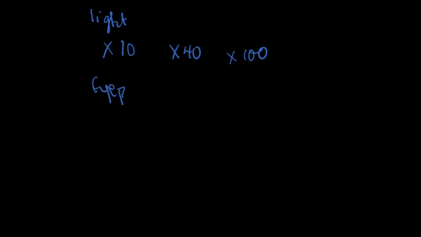Now, why exactly is the electron microscope so important? When we consider the light microscope, we saw that we have the objective lens of times 10 magnification, times 40, and times 100. Something I forgot to mention is that the eyepiece lens has a magnification of times 10.